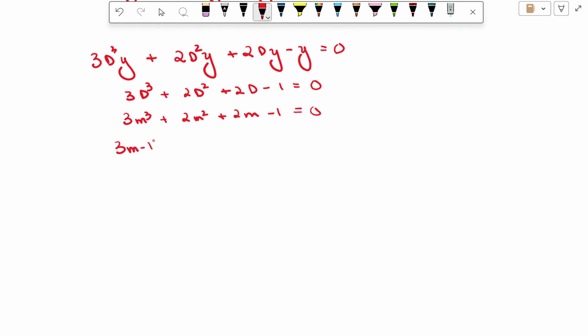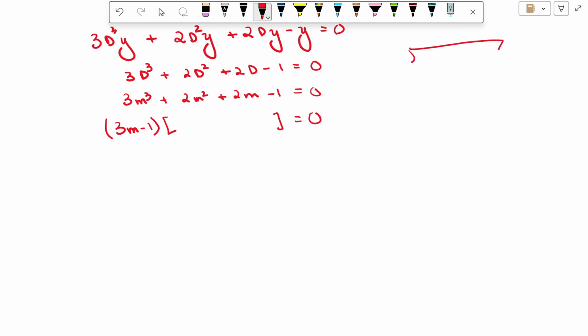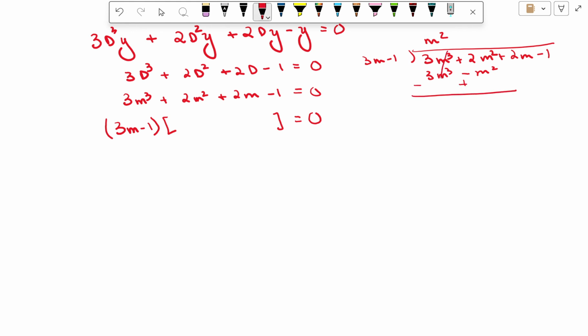So 3m minus 1 times something is a factor. We need to find what that is, which you can just do with long division. 3m cubed plus 2m squared plus 2m minus 1 divided by 3m minus 1: so m squared, 3m cubed minus m squared, leaving 3m squared plus 2m, so plus m, 3m squared minus m, leaving 3m minus 1, and just by having 1, we are going to get 0.